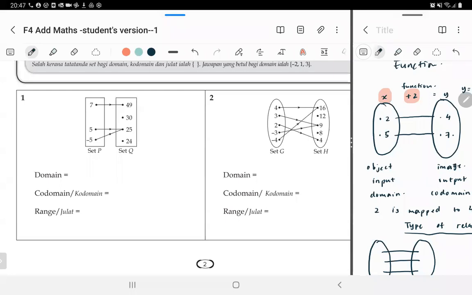Okay, so what will be the answer for question number 1 here? What will be the domain here?